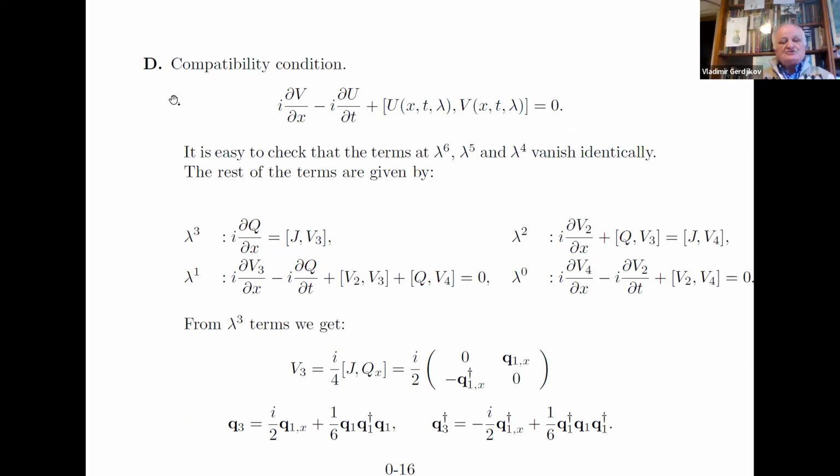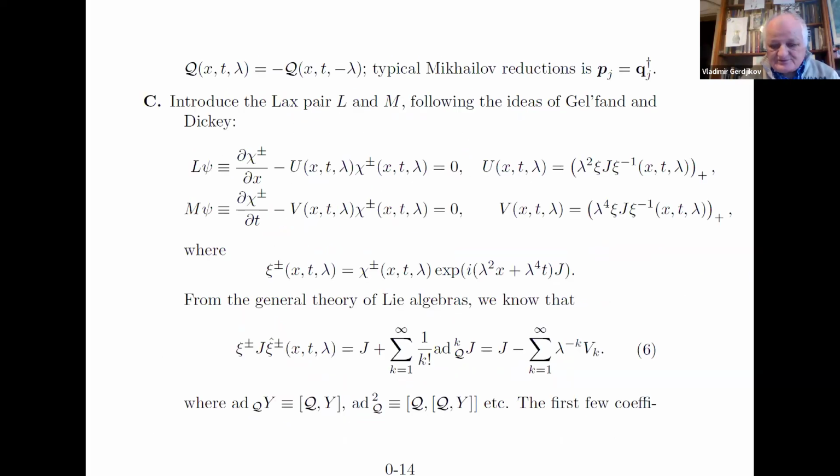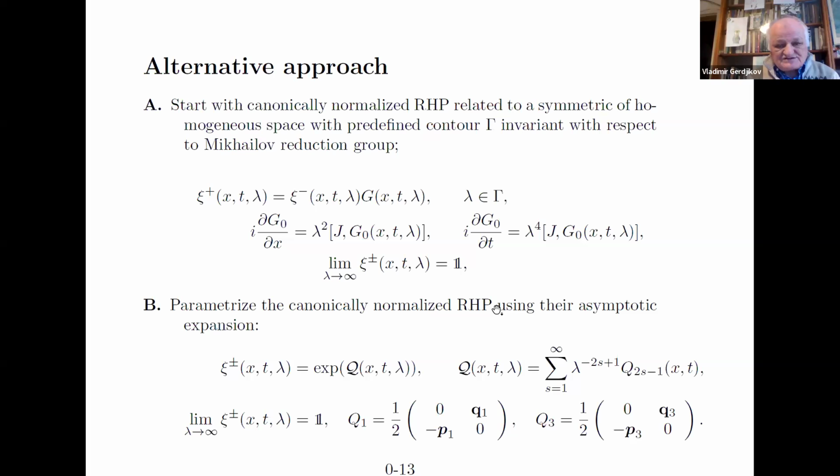Then, after we have the Lax matrices, the Lax operators, we can write down the compatibility condition, which takes this form. And when we replace here the coefficients of capital V and capital U, we obtained that the highest terms, you see, we have the Lax pair with lambda squared and lambda fourth.